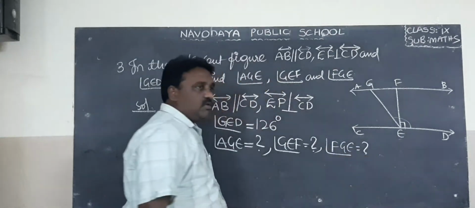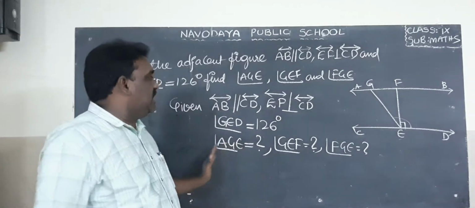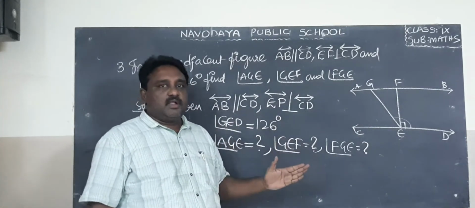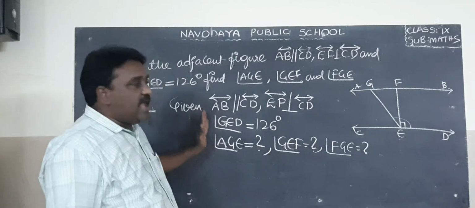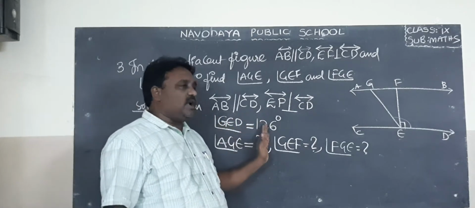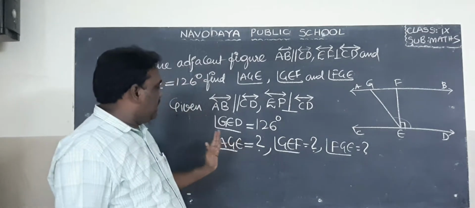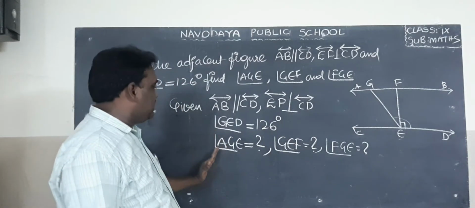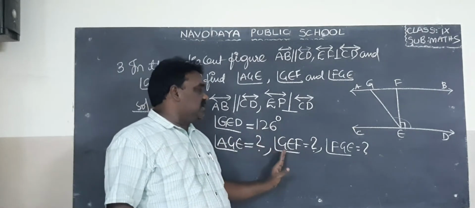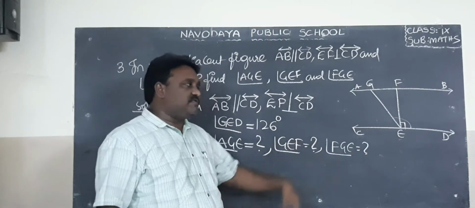So we need to find out 3 angles with the help of diagram. Only one angle is given, angle GED equal to 126. Use that value and find out 3 angles. First one angle AGE, second one angle GEF, third one angle FGE.